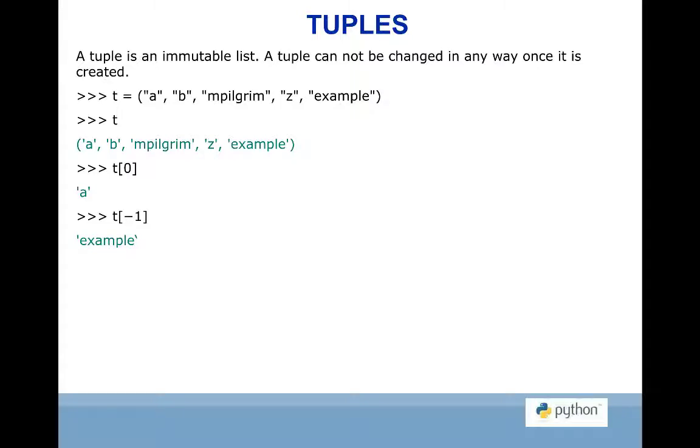But for now, it's very important to grasp that a tuple is defined with the help of simple braces. As you can see, simple braces are here, and the values are comma separated just like a list. But whatever you think, whatever you design, whatever you do, a tuple once defined or created cannot be changed.